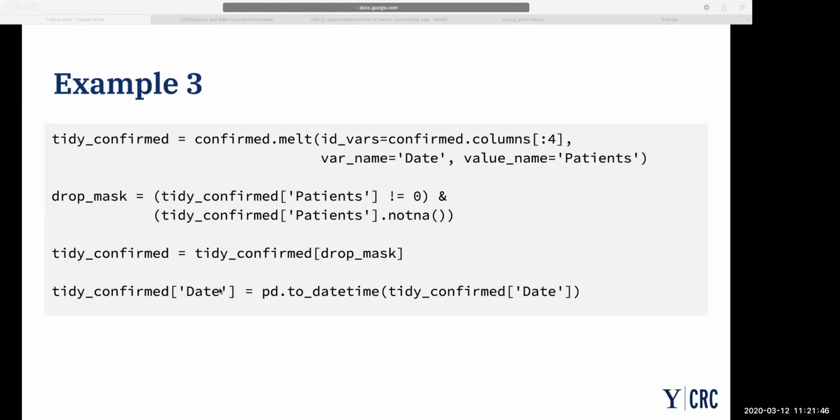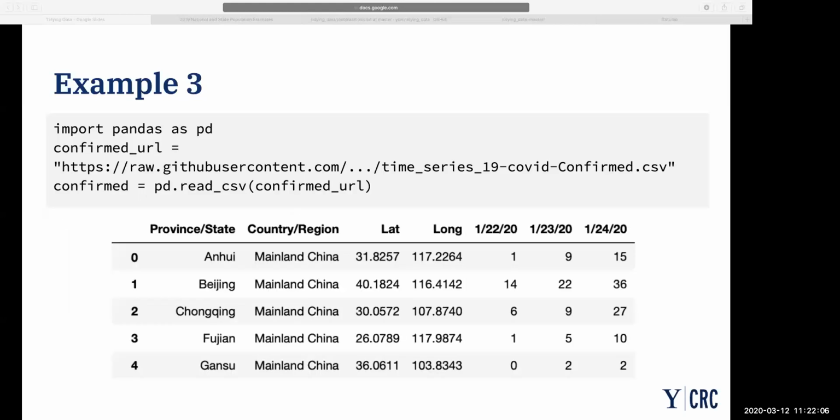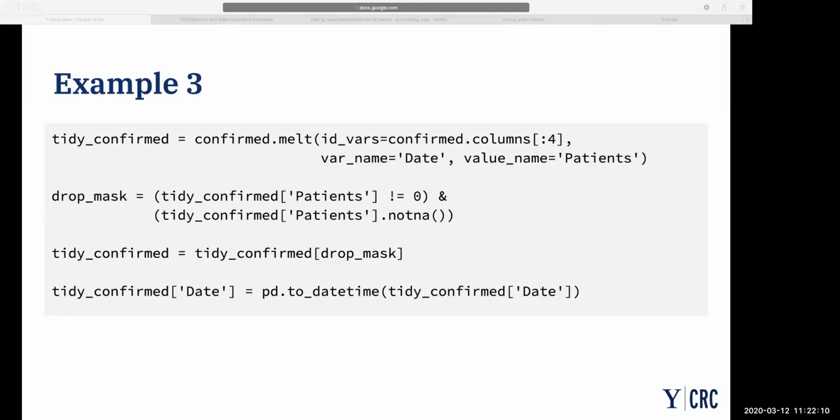And then I am casting or converting the date column to a date time data type, which makes it easier. I could have just made this into a number. It's a little bit trickier because those text strings have slashes in them. But it makes it easier to sort when I convert this into a date time.